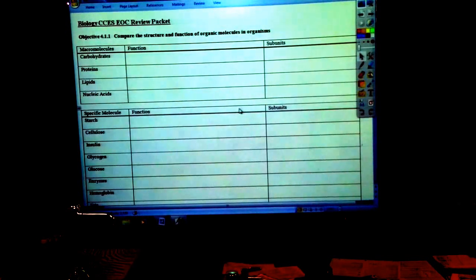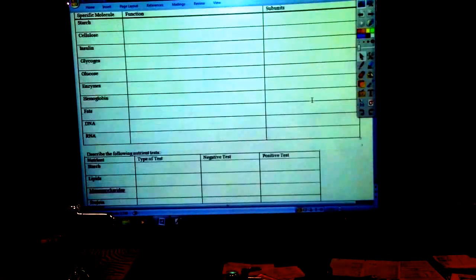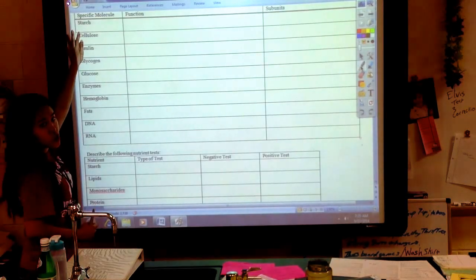examples of those 4 macromolecules. I'm going to help you first by talking about their function, and then I do want you to go back and think about what subunits are going to compose or make up those molecules. So you have starch.